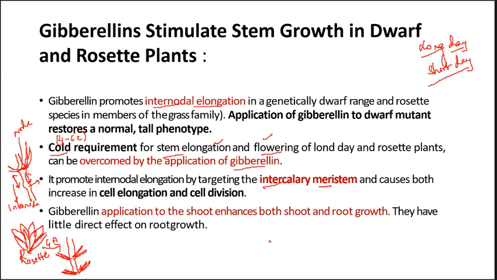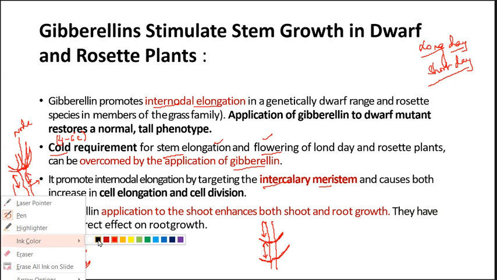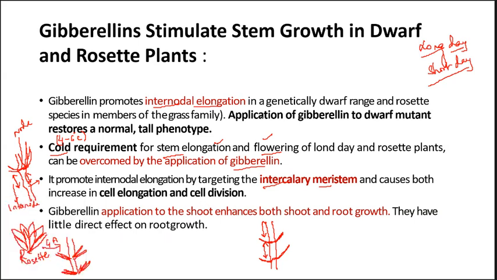So what is intercalary meristem? If this is a branch, I told you from where the branches emerge is a node. So this is a node, this is a node, in between the two nodes this is internode. So intercalary meristem is the meristem near the base of the internode.